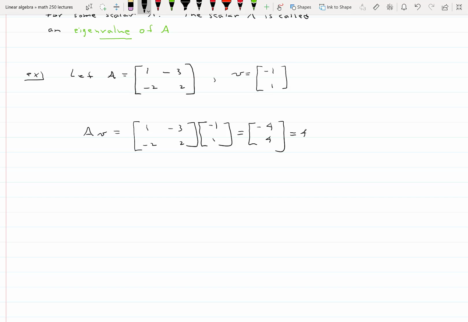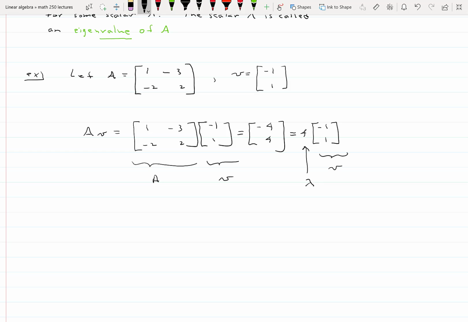From that result, -4, 4, I can factor out, using ordinary scalar multiplication of matrices, the 4. And look what I get. I took A and multiplied it by some column vector V, and I got a scalar multiple of the original column vector. This doesn't always happen. But when it does, we have something special.